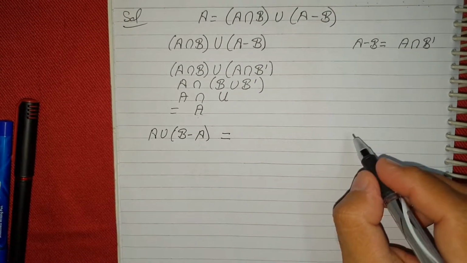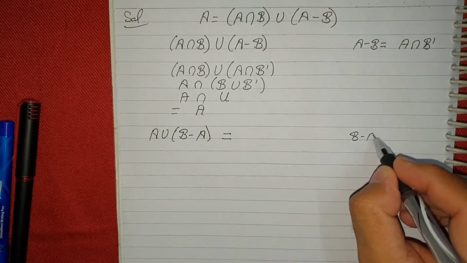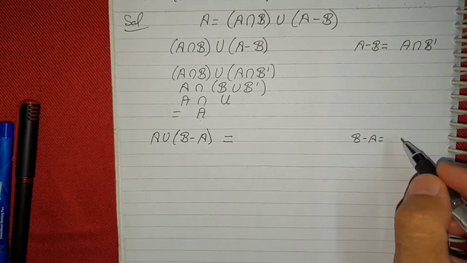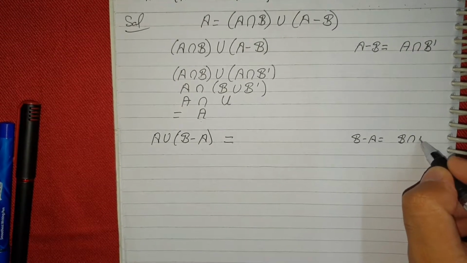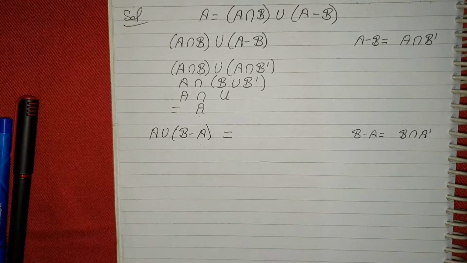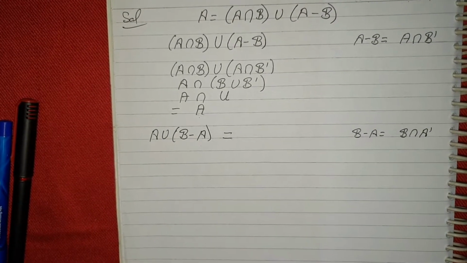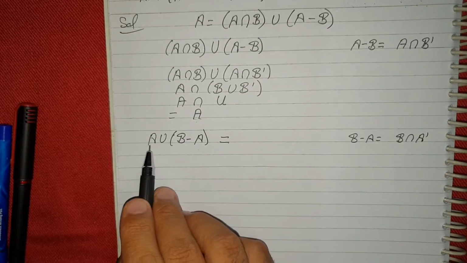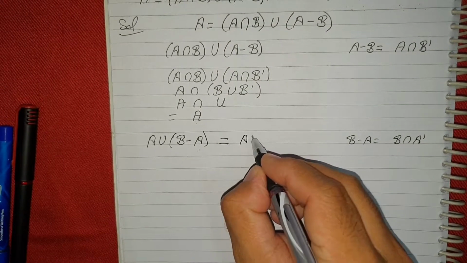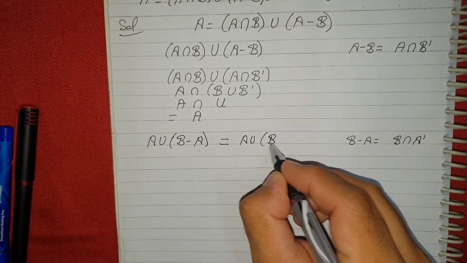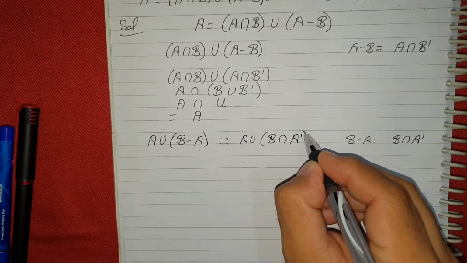Again B minus A. Now this B minus A can be written as B intersection A dash. So A union B minus A, you can write this as A union B intersection A dash.